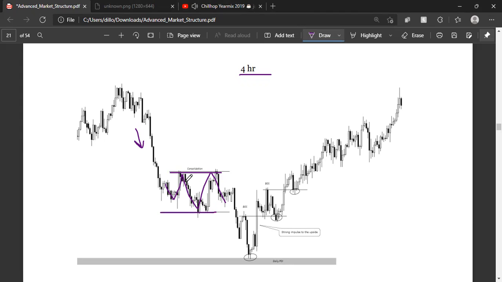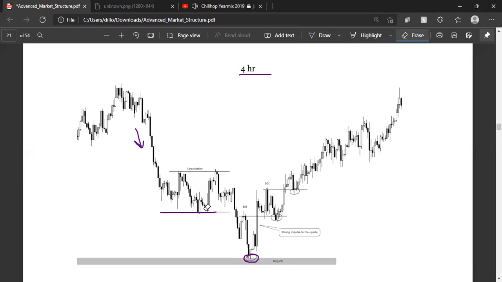We get a point in this structure where there is no direction, right? But you can see market breaks to the downside, right? But it's only breaking to the downside to reach this area here.